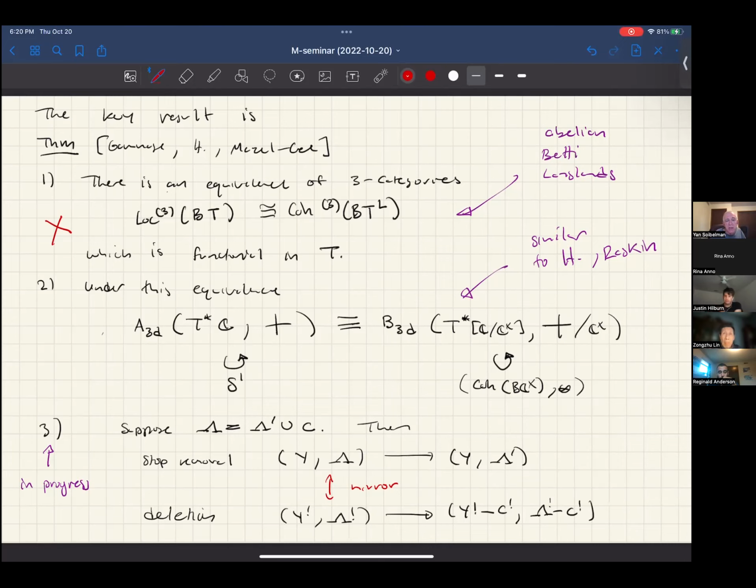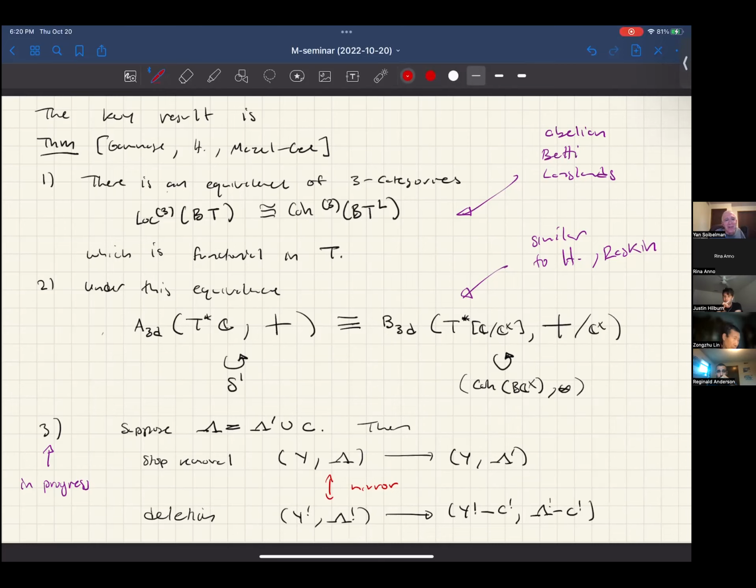Yeah. Without categorification, because log 3, after all, if you go two degrees down, it will be just a local system, as you mentioned.